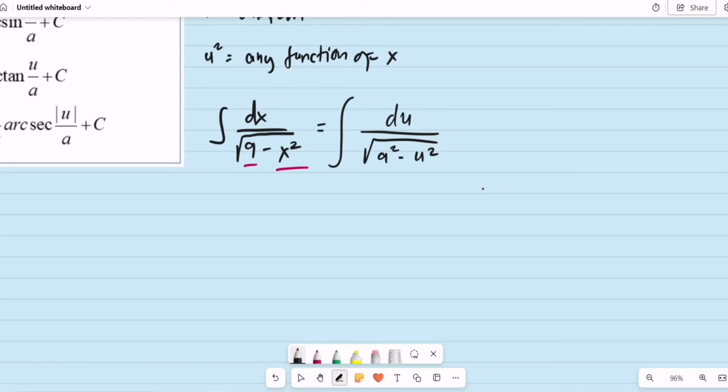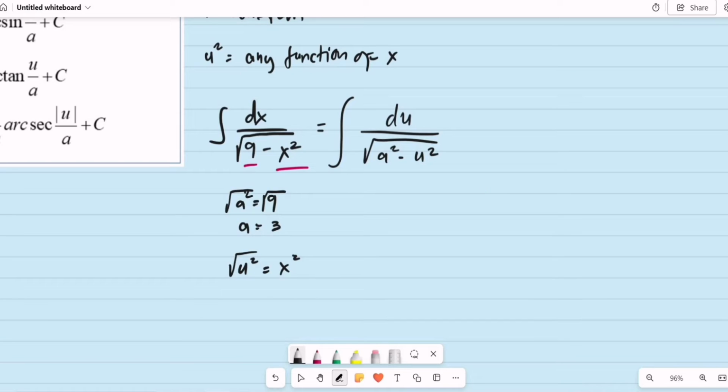So what is the equivalent of a? The value of a squared is equal to 9. If we take the square root of both sides of the equation, a is equal to 3. And what will be the equivalent of u squared? u squared is simply equal to x squared.